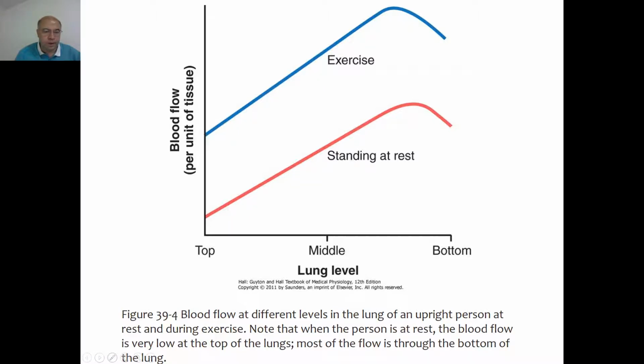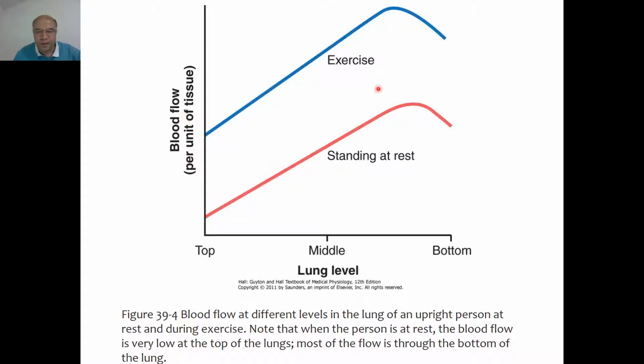So, during exercise, you see in every level of the lung there is a huge amount of blood flow. Again, it is higher at the bottom, but it is higher everywhere.